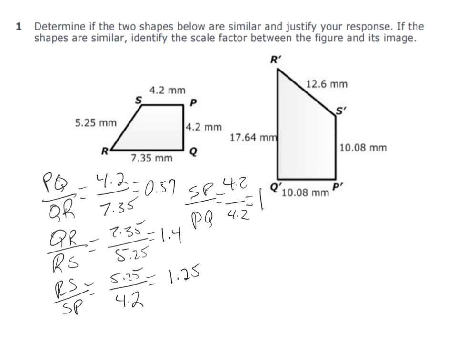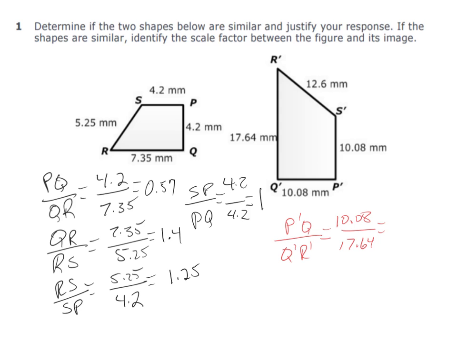So let's go with P prime, Q prime, and since we did QR, Q prime and R prime. And what do we have? We have 10.08 over 17.64. Well, let's go ahead and simplify what we got.